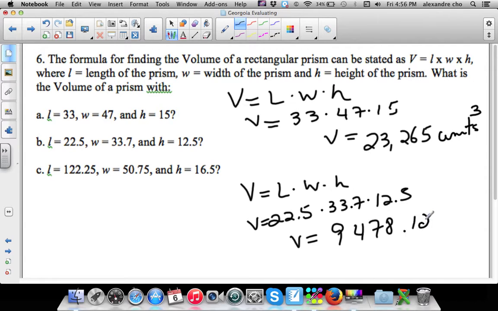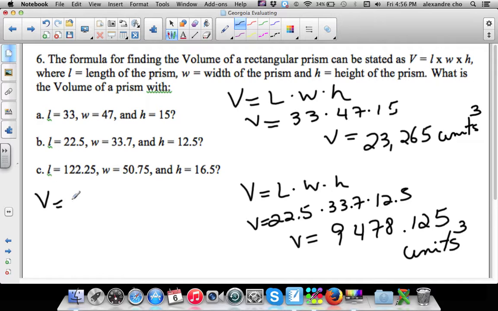It didn't say to round or anything, so let's just leave our number like that. And our units, because it's not given to us, we're just going to write units to the third power. Honestly, I wouldn't expect you to do this on paper, probably a calculator for these particular numbers.